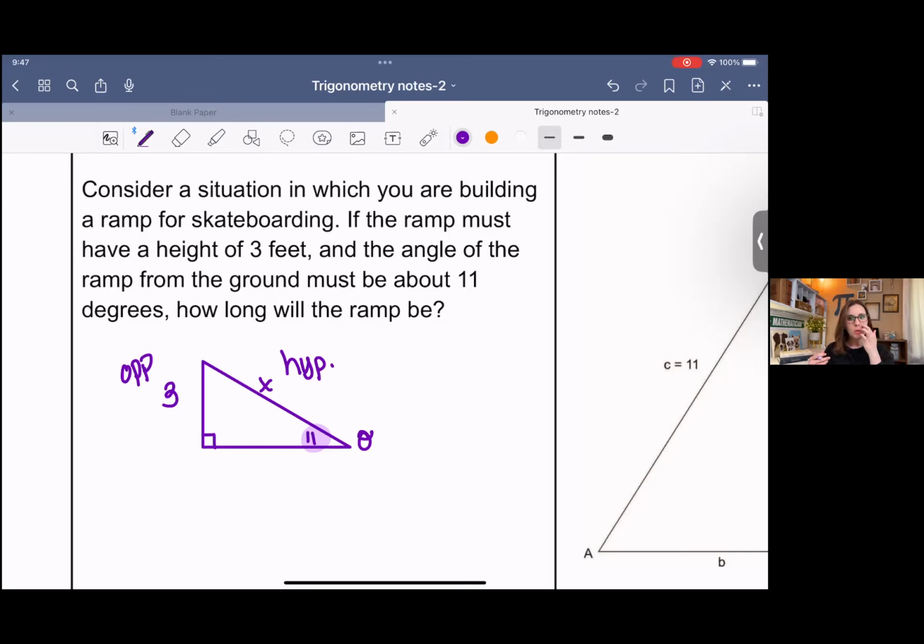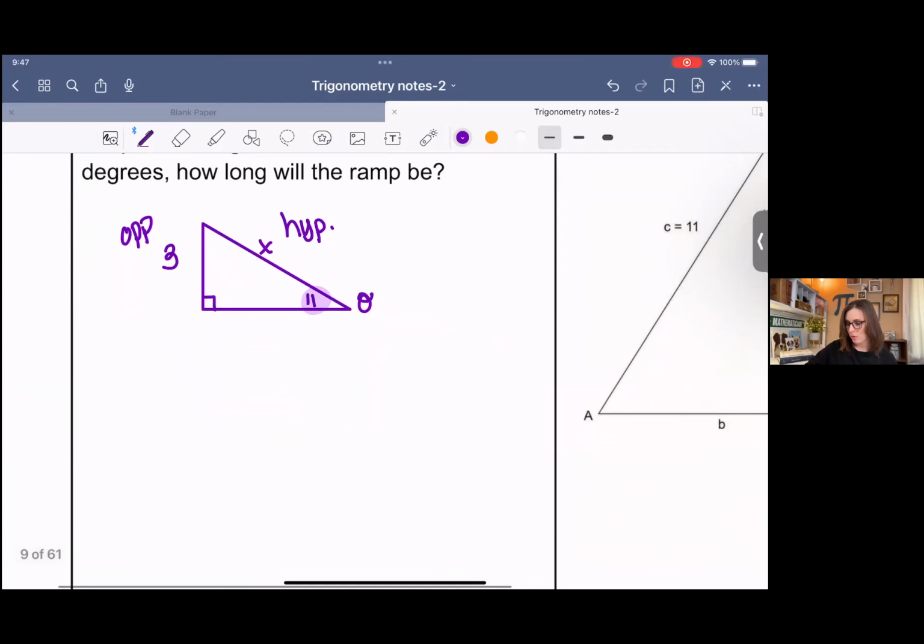So based on what we were given, we can pick the correct trig function to use to solve for the hypotenuse. Now, if we were given this side, we could just use the two sides and find it, but we weren't. So if we have SOHCAHTOA, and we were given opposite and hypotenuse, then we're going to use sine.